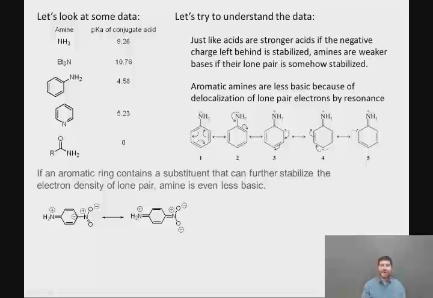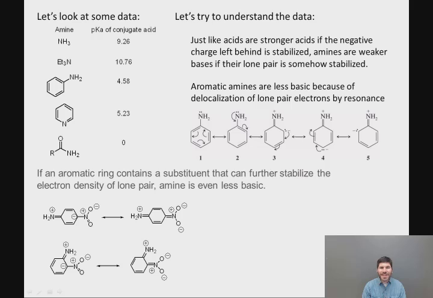Okay, so if we look at para-nitroaniline and look at structure 4, what's drawn on the left here is structure 4 for para-nitroaniline, we can add one more resonance structure where we stick the negative charge onto one of the oxygens of the nitro group instead of the carbon of the aromatic ring, and that makes para-nitroaniline an even weaker base because its lone pair is more delocalized by resonance.